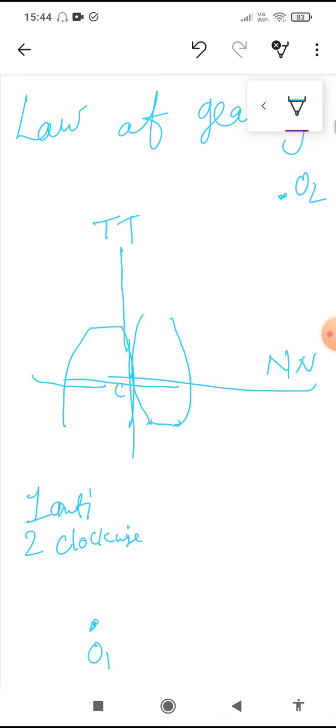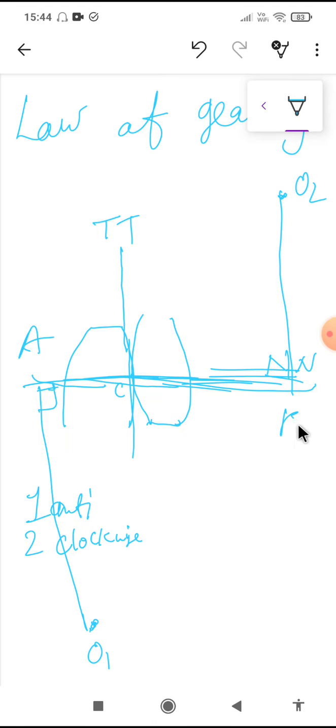Now from O1 and O2 we will draw O1A and O2B perpendicular to the common normal NN. So suppose this is the line NN. These will all be 90 degrees, perpendicular to the common normal NN.